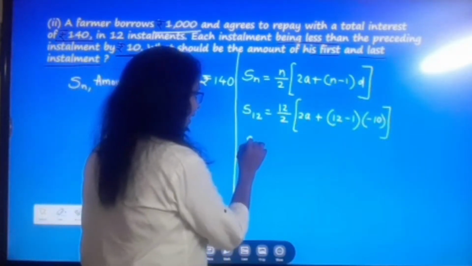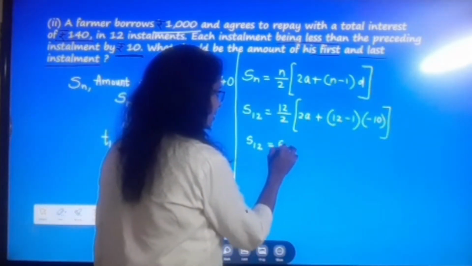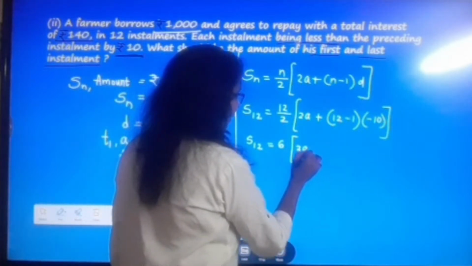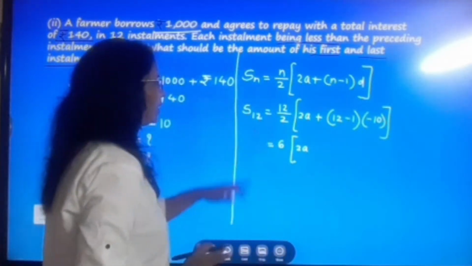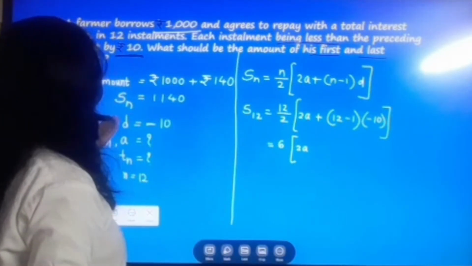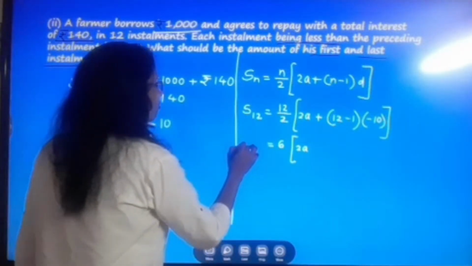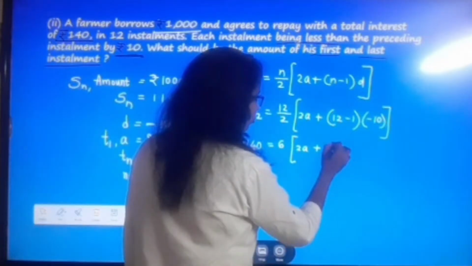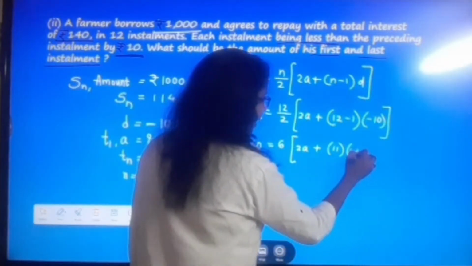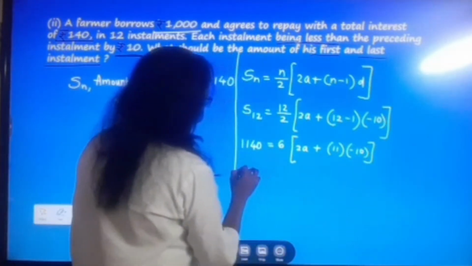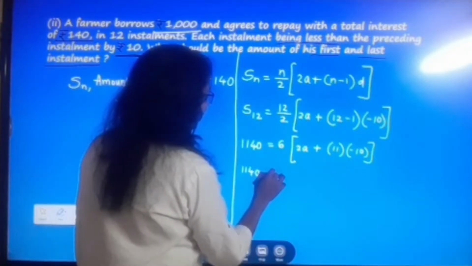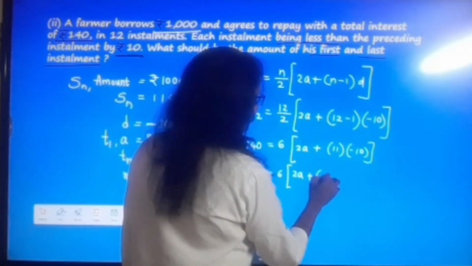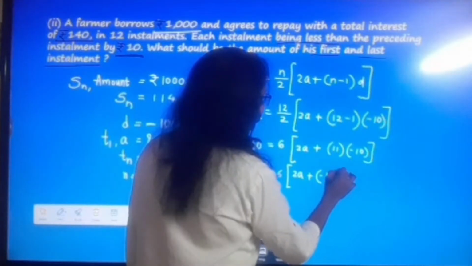So now S12 is equal to 12 upon 2, that is 6, times 2a. Now we substitute S12, which is 1140. So 1140 is equal to 6 times (2a plus 11 times minus 10), that is 2a minus 110.